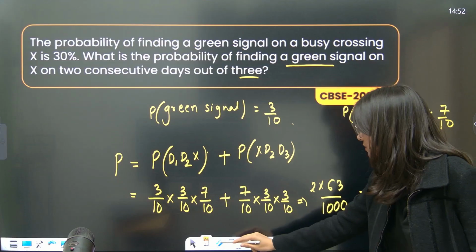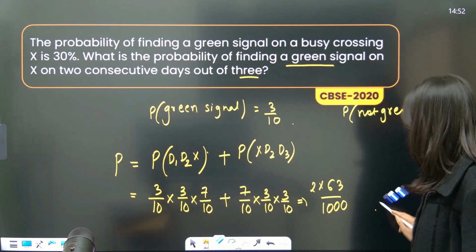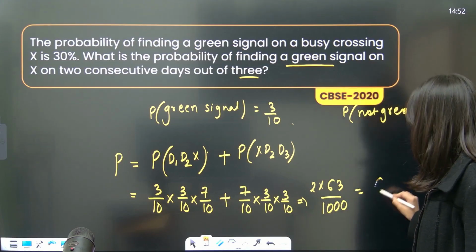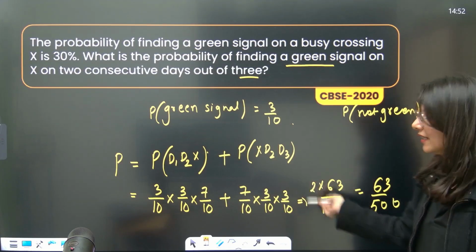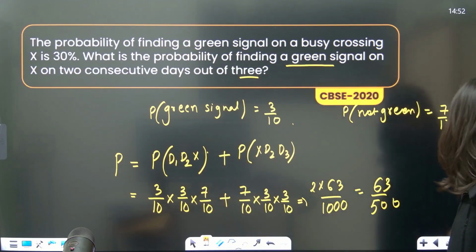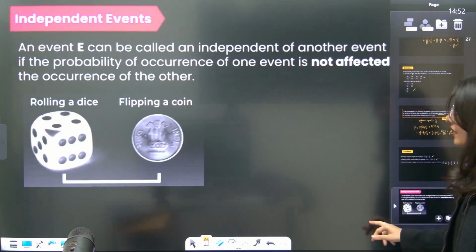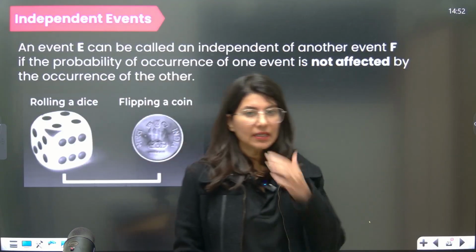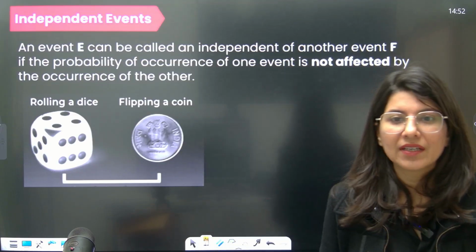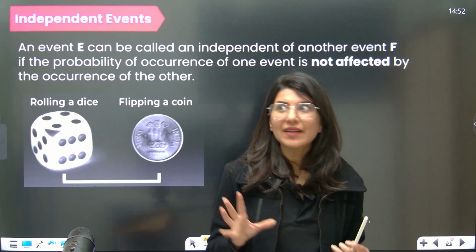So now this is 63 by 500. Calculation mistake, because 7 into 3 into 3 into 2, because you have to add also, no? So 63 by 500 will be the answer. All right, clear. Now we are having independent events. Independent events. This is very important.